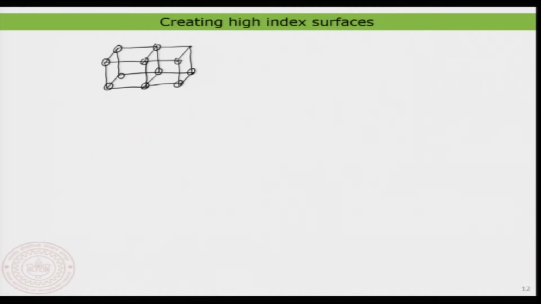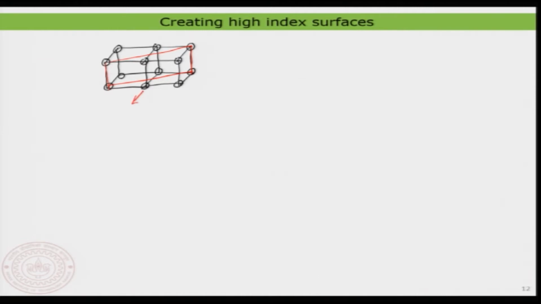So, you have to add more unit cells like this, and depending on how high the index is, you have to add more and more unit cells, so that you can create the surface clearly. Now what I want to do is create a surface which is going through these atoms. This is a primitive unit cell, and the plane goes through these atoms. That means it is cutting through the middle of the y axis.